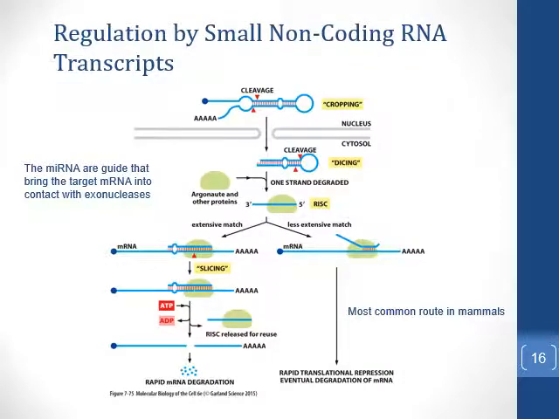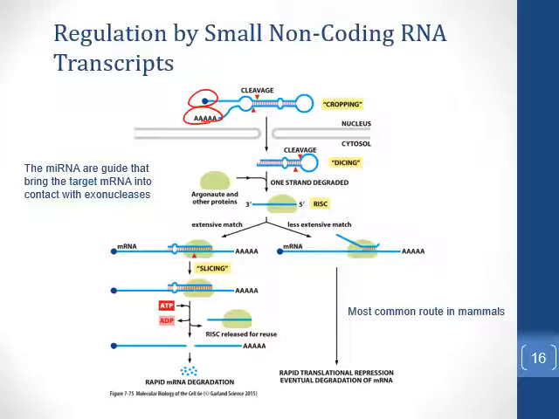Well, here's what happens. In the nucleus, we're going to make this RNA. Notice it's got a cap on it. Notice it's got a poly A tail. It's double-stranded. In other words, it folds back on itself. So RNAs are single-stranded, but because they're single-stranded, if the sequence is right, you can get base pairing, and that's exactly what you get. So these red lines here represent base pairing.